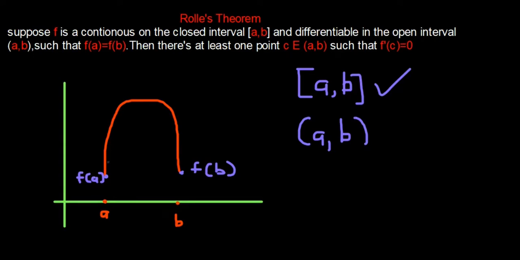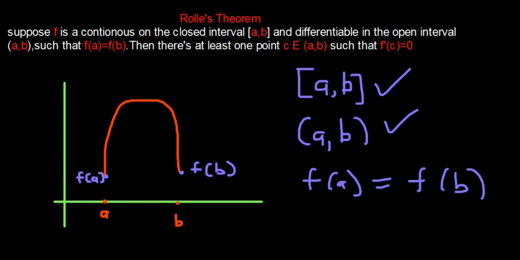Looking at this, we don't have any discontinuity and we don't have any corners. If you have corners on a function, the function will not be differentiable at that corner. Looking at this, you don't have a corner, so we see the function is differentiable everywhere.